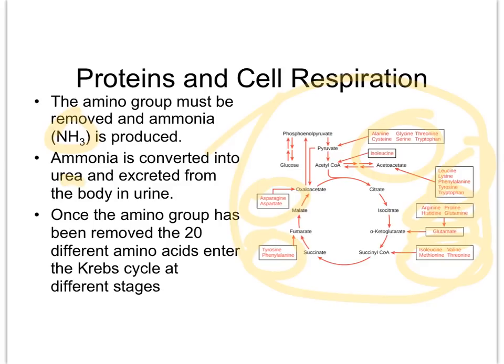If you eat tons of proteins, or if you go home tonight and eat a bunch of steak and more meats, not a lot of carbs, your body's going to take those extra amino acids and get energy out of them, and the process releases that NH3, which will be converted to urea. Once you remove that, the amino acids can enter into it at different points. Basically, again, just realize that we can use proteins as a source of energy.